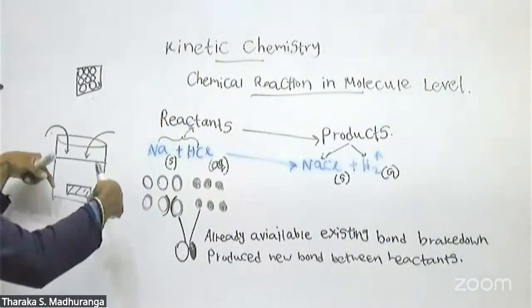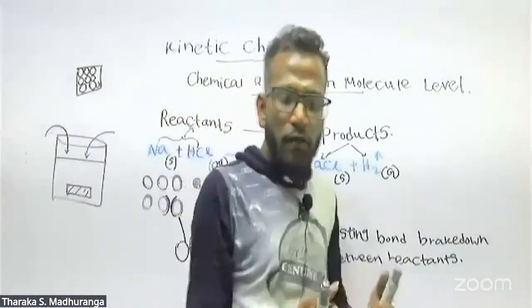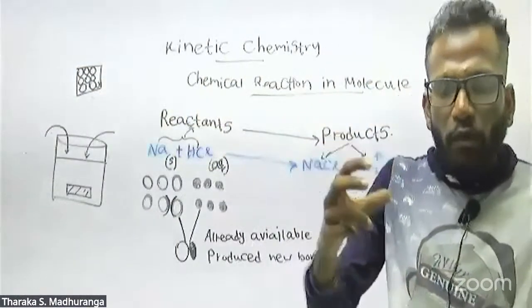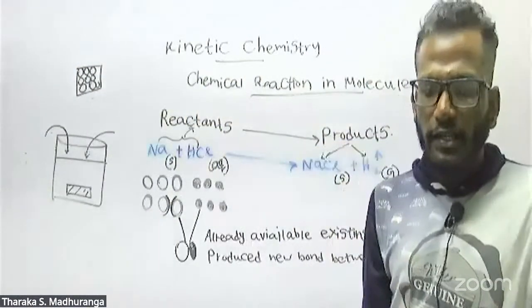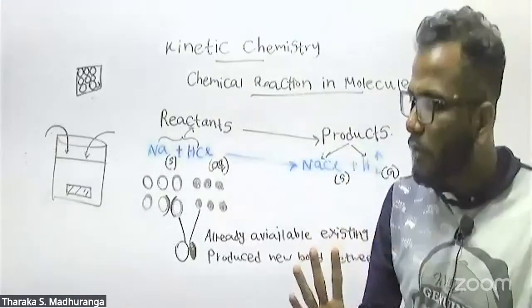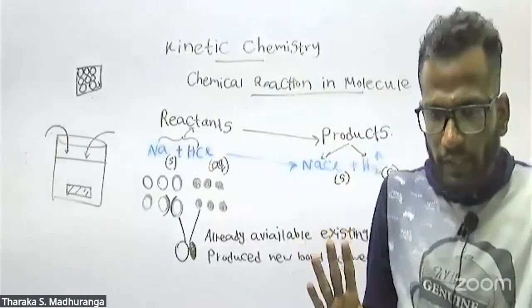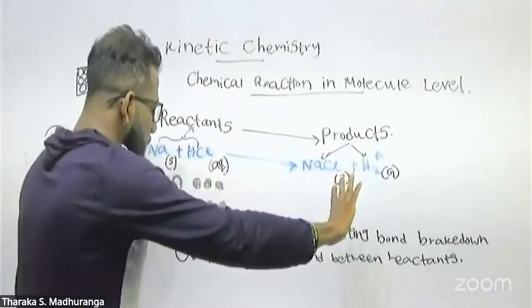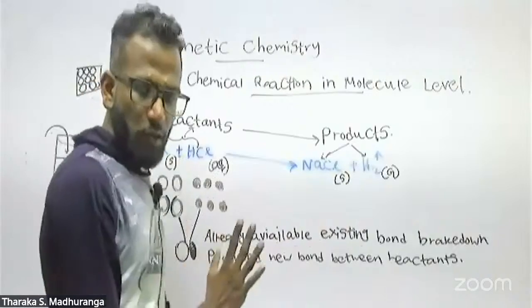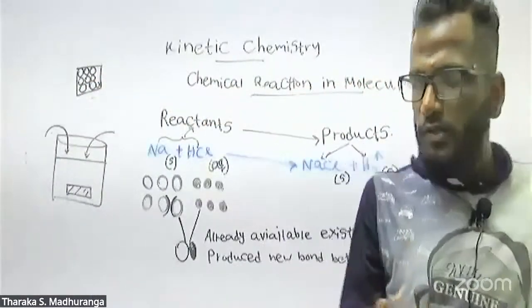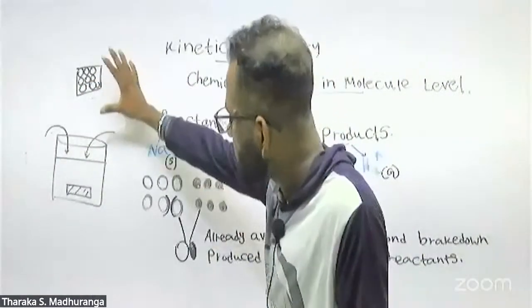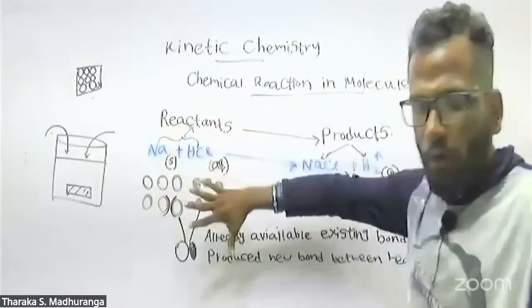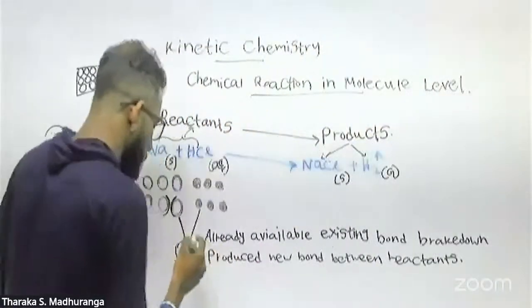That means two reactants added together. Their molecules start to collide with each other. Therefore, the already available bonds break down and produce new bonds between them.